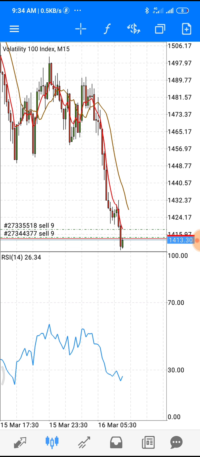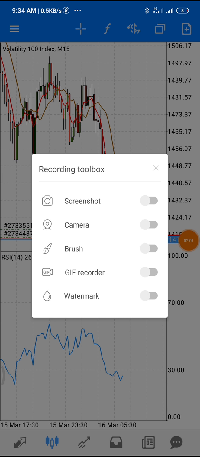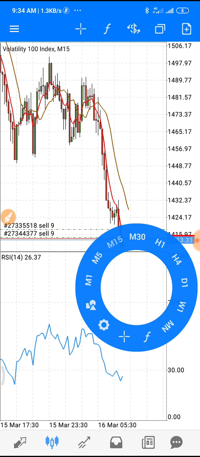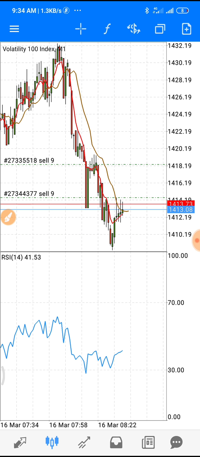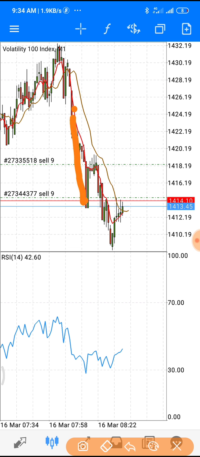You can see the 15 minutes time frame is on a very strong downtrend right now. So after checking it on 15 minutes, come back to the 1 minute time frame and wait for retracements like this.